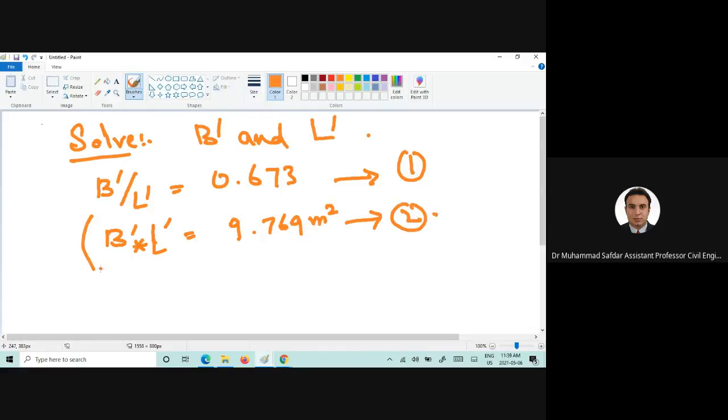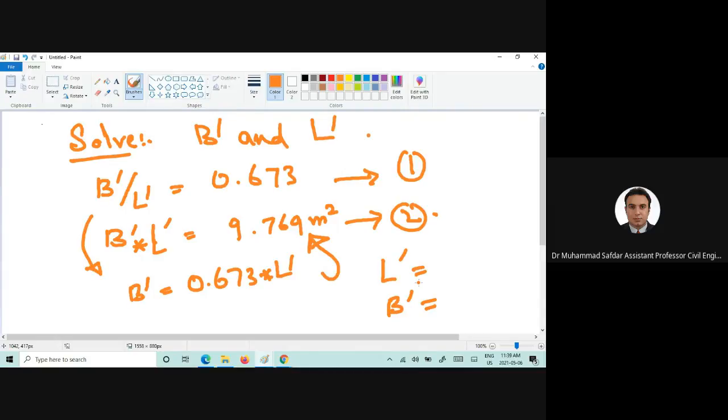Now from this equation we know that B prime is equal to 0.673 into L prime. Now you can put this in equation number 2, and please kindly give me the value of L prime and B prime. So you can clearly see how we are going to increase the footing dimensions.